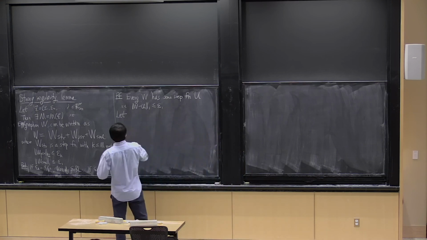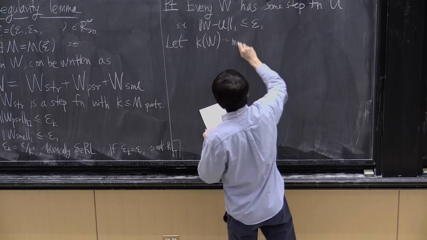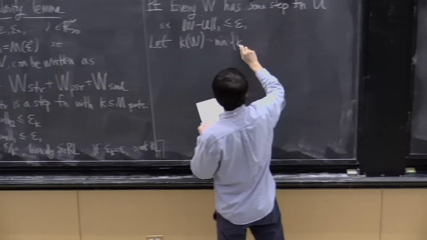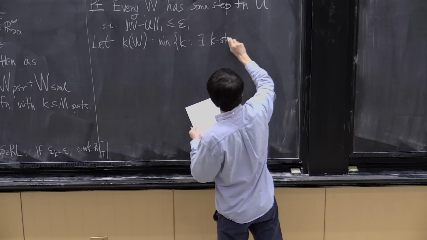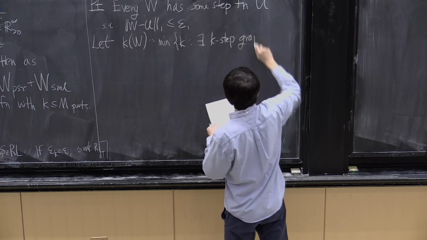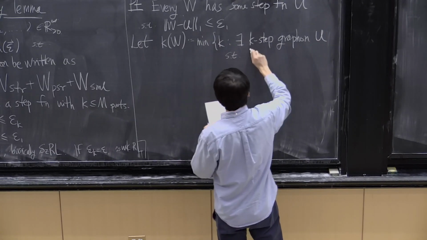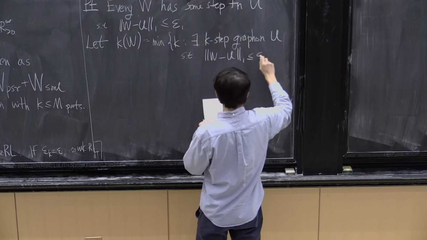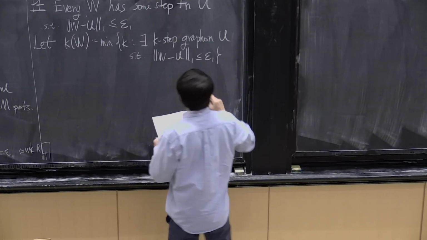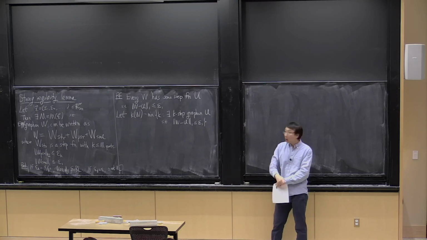So now what we're going to do is consider the following function, k of W. I define it to be the minimum k such that there exists a k-step graphon U such that the distance between U and W is at most epsilon_1.